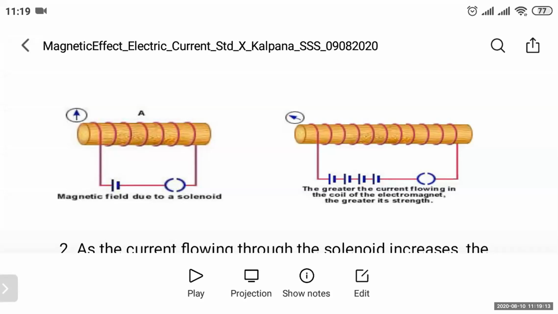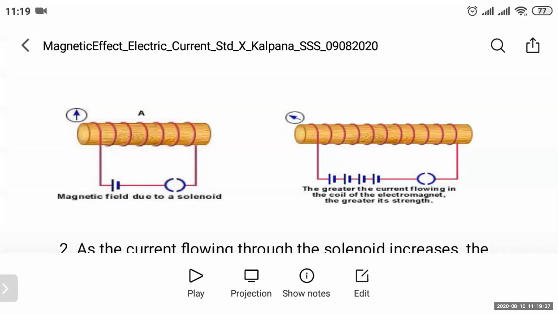The permanent magnets are usually made of carbon steel, chromium steel, tungsten steel, or some alloys. So here, there is a solenoid. The properties of the magnetic field of a solenoid are very similar to the magnetic field produced by the bar magnet.